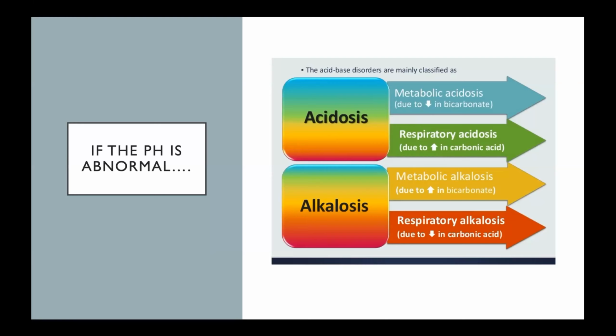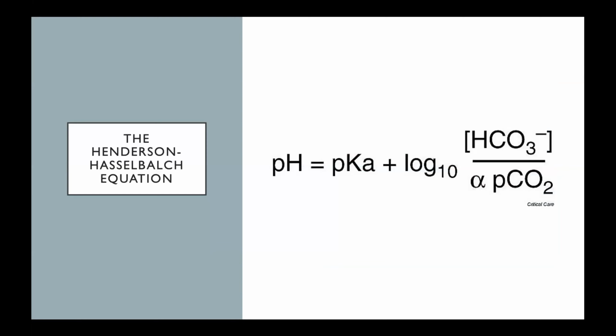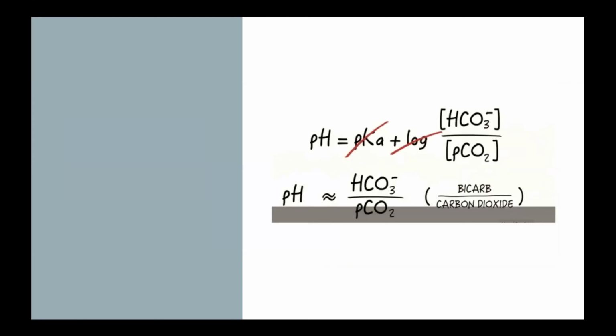So this is the pH equation. For simplicity, we can say pH is proportionate to bicarbonate: when the bicarbonate goes up, pH goes up, and it is inversely proportionate to CO2.